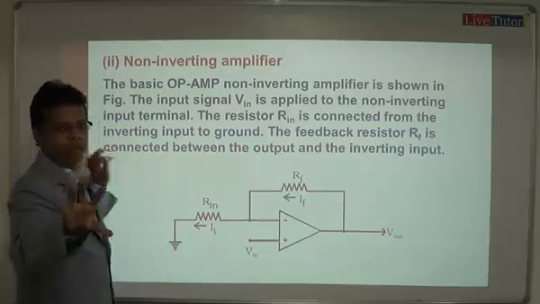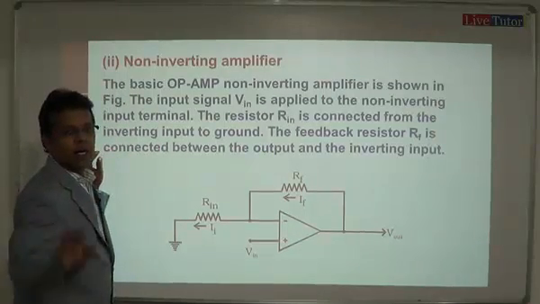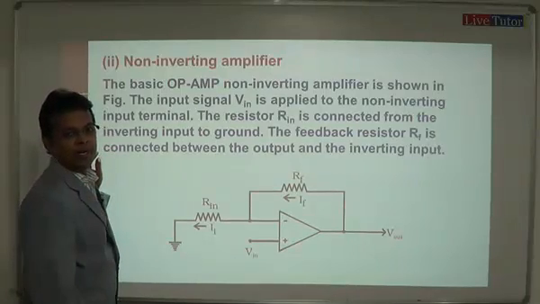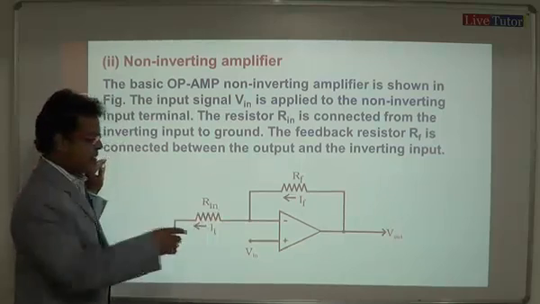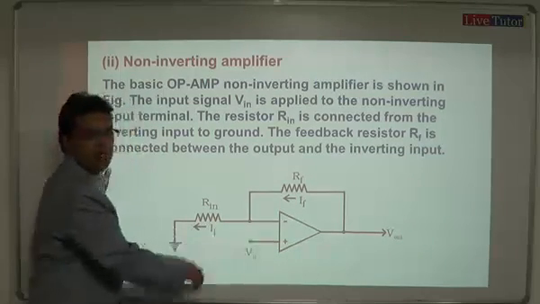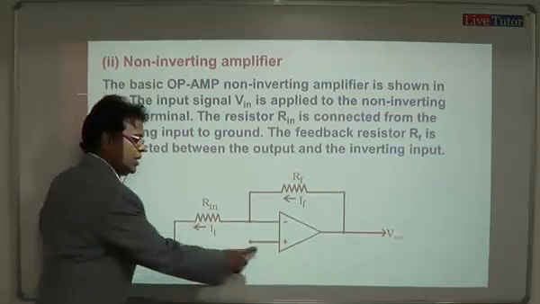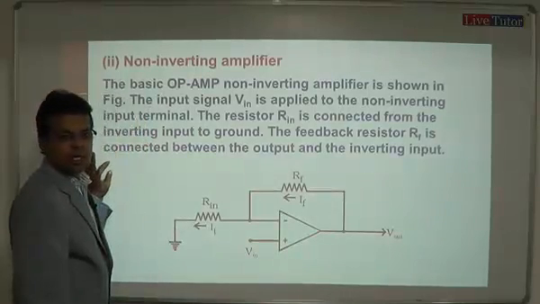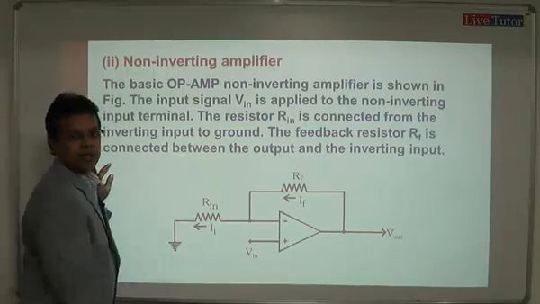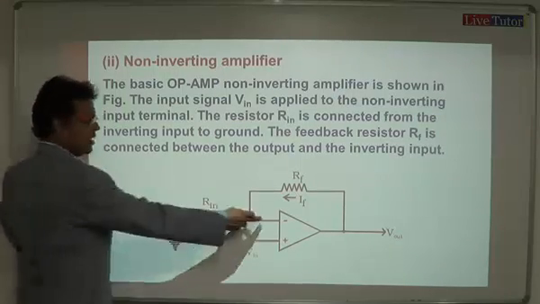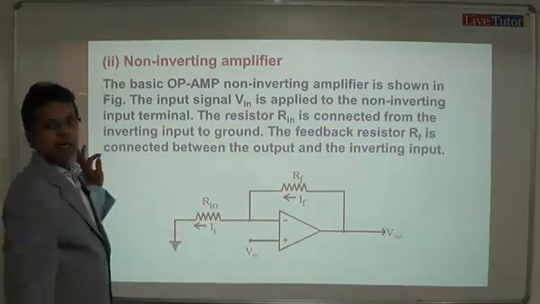The basic operational amplifier, non-inverting amplifier is given below, and you draw the circuit. Then the next step is that the input voltage or input signal should be given to the non-inverting input terminal, and the resistor Rin is connected from the inverting input and it is grounded.